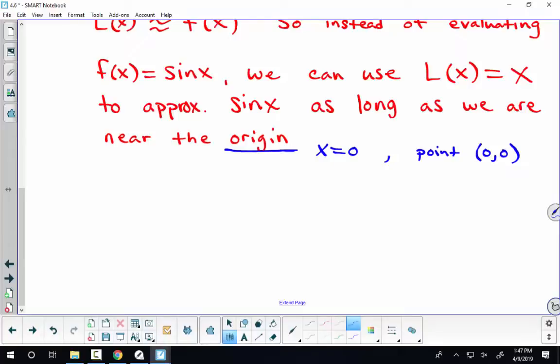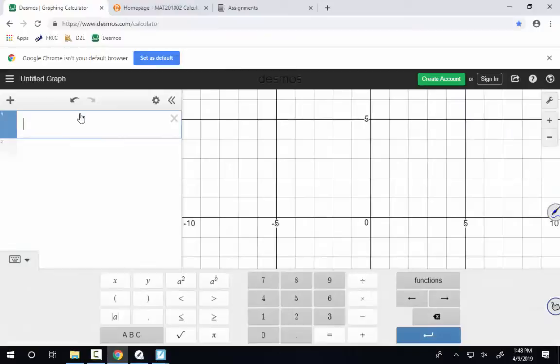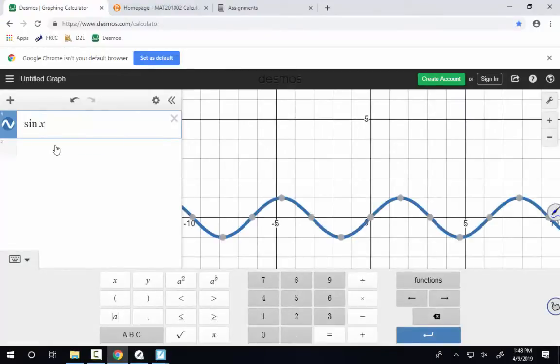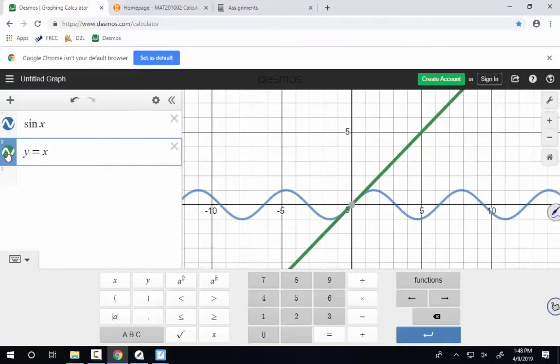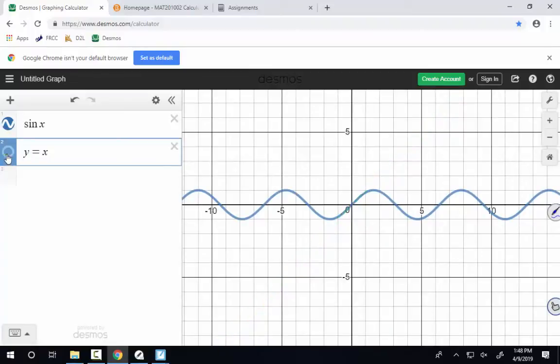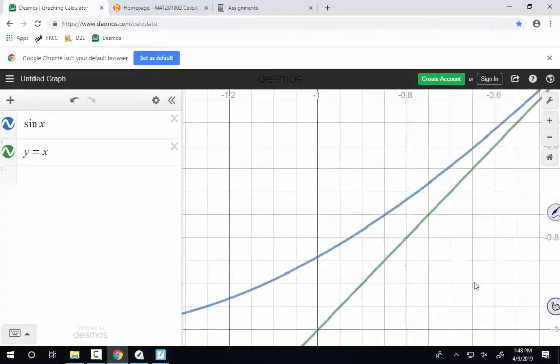So let's look at that. There's our sine function, and there's L of x. Notice if we're not close to the origin, like out here, it's still pretty easy to tell this is sine and this is our linear approximation.